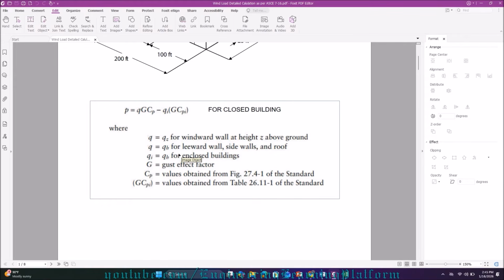So leeward and side walls or roof, they will be applied uniformly distributed load. Q will be in UDL form, but for the windward wall it will be trapezoidal, that is QZ and QH. Then G is your gust factor, CP is your external pressure coefficient, and GCPI is your internal pressure coefficient.